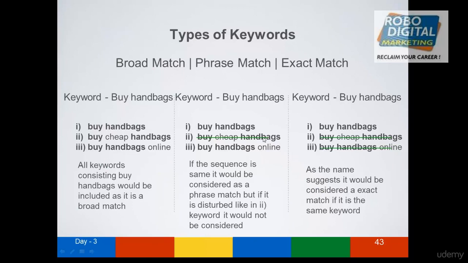Clear? Got it or not? If the sequence is the same, it will be considered a phrase match, but if it's disturbed, like the phrase was disturbed by the term cheap in the second case, it won't be shown.